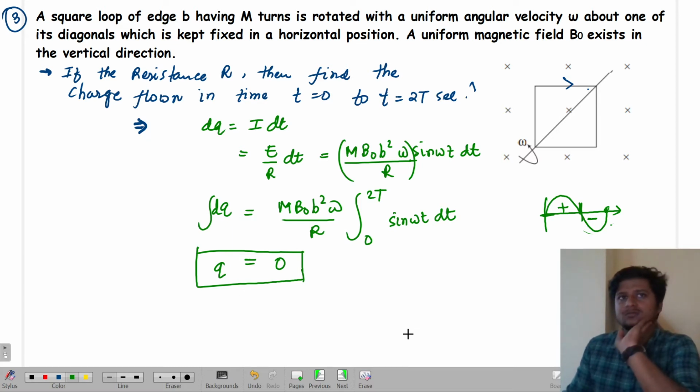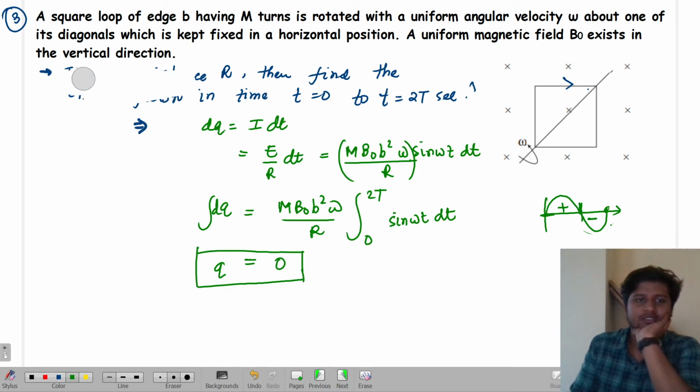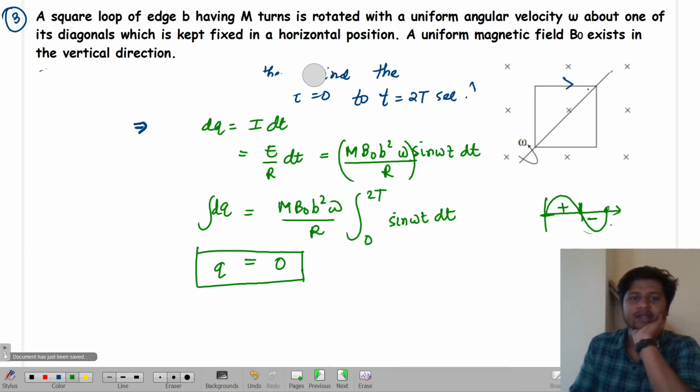So is this done or not? Okay. Next question is, find the heat generated during this time interval only. Right or not?